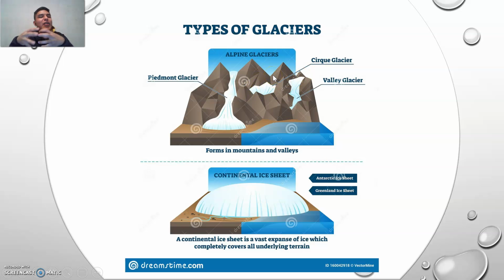It's just like a body of water that is frozen right there. And also we have a valley glacier. This valley glacier is somewhat similar to the Cirque Glacier, but the difference is that it's a little bit longer. It is longer than the Cirque Glacier, but it's going to be smaller than the Piedmont Glacier. And here we have an example of a continental ice sheet, or a continental glacier, which is a very large piece of ice that is covering a large piece of land.